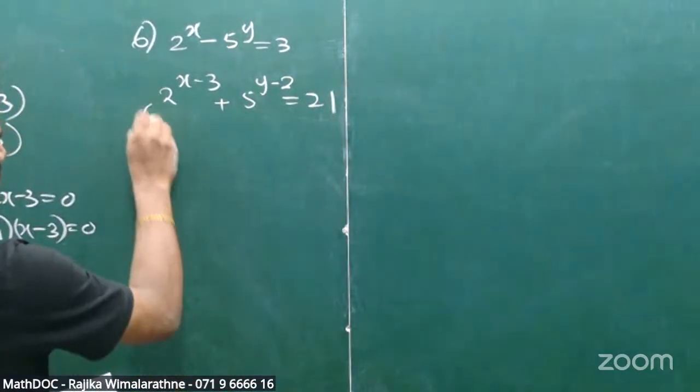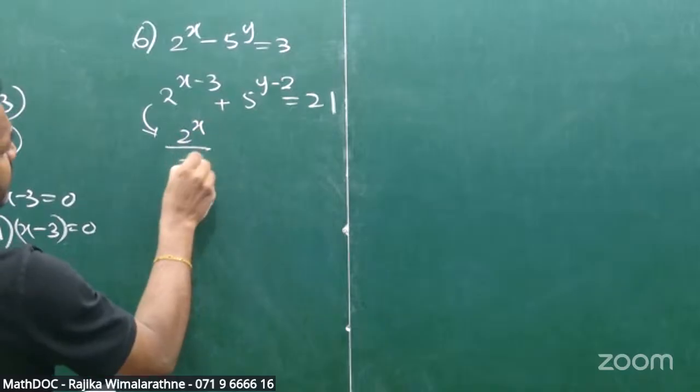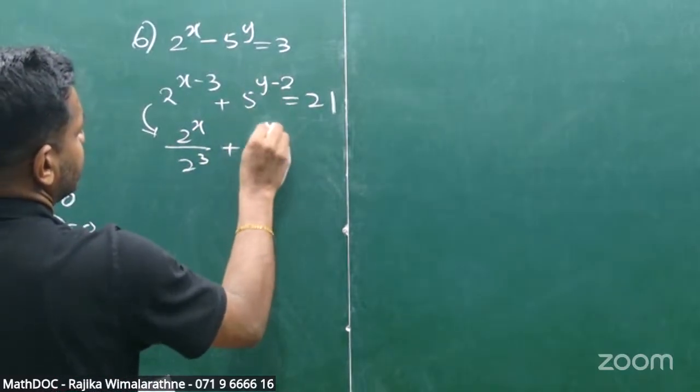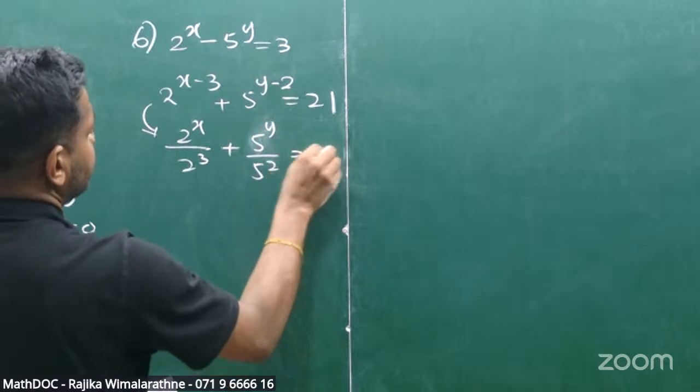Then here you better write 2 to the power x divided by 2 to the power 3, and 5 to the power y divided by 5 to the power 2.